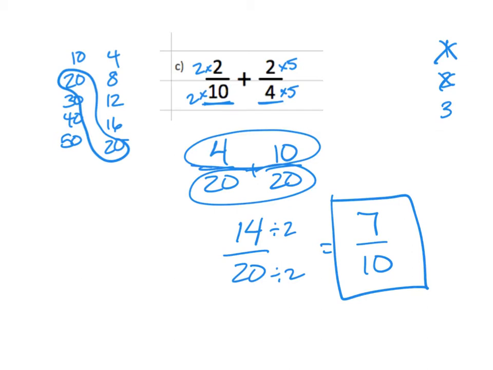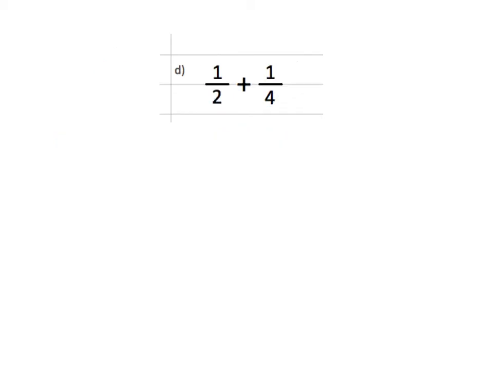Again, feel free to rewatch any part of this video in case you didn't understand it. Let's do another one. Steps 1, 2, and 3. Common denominator, equivalent fractions. Common denominator between 2 and 4. Again, I could go through, but there it is. So 2 times 2 gives me the 4.